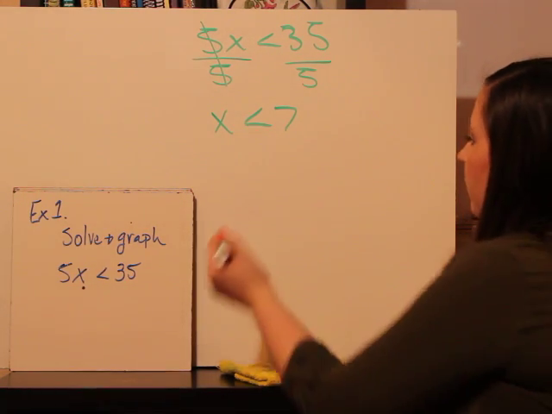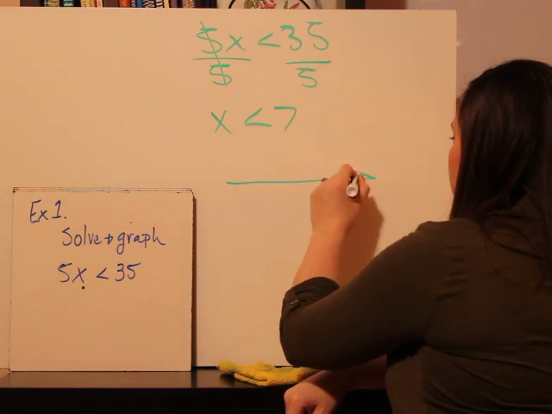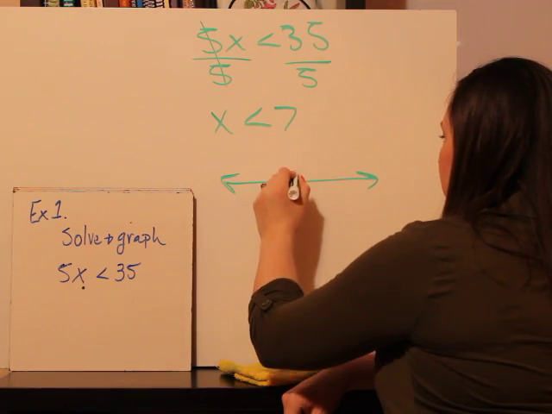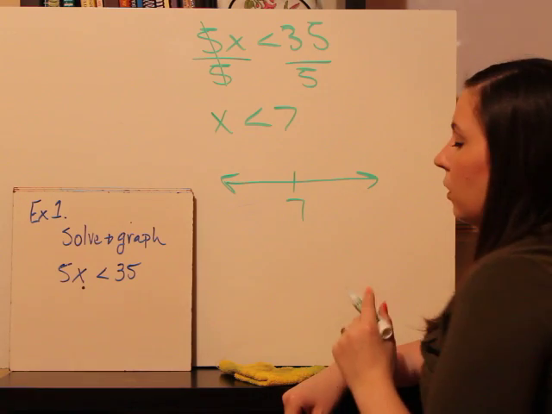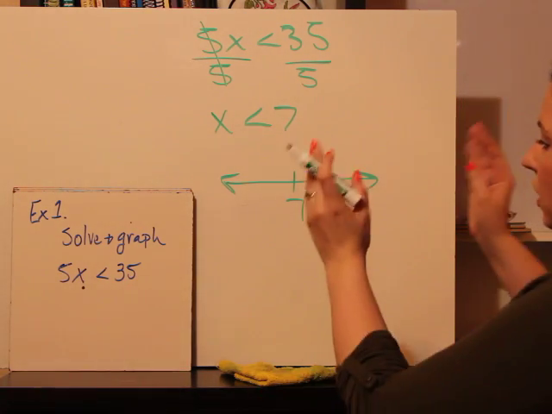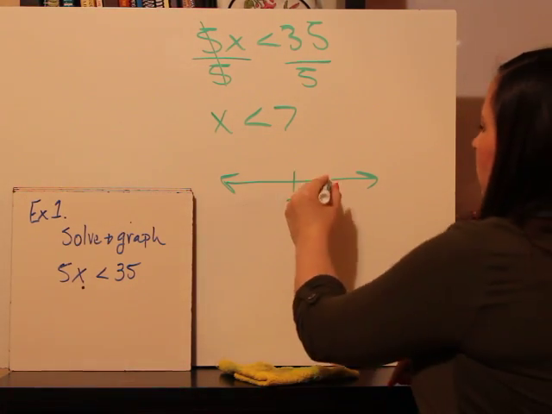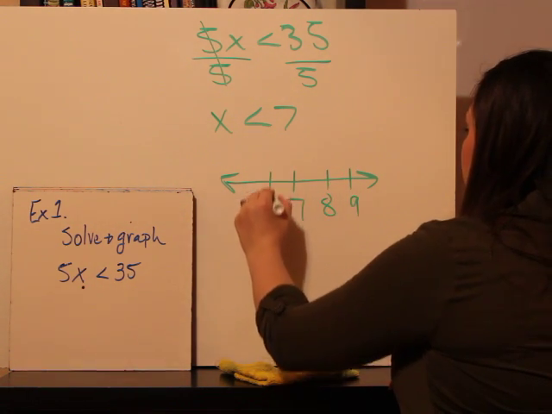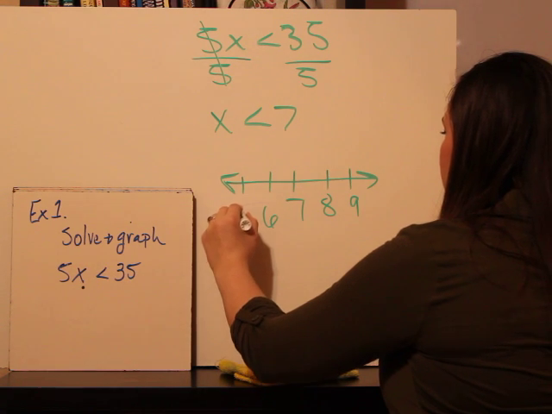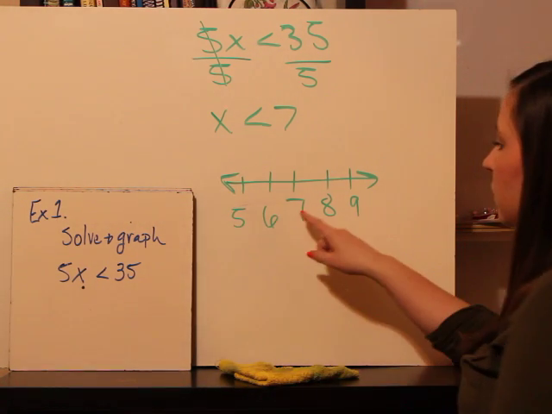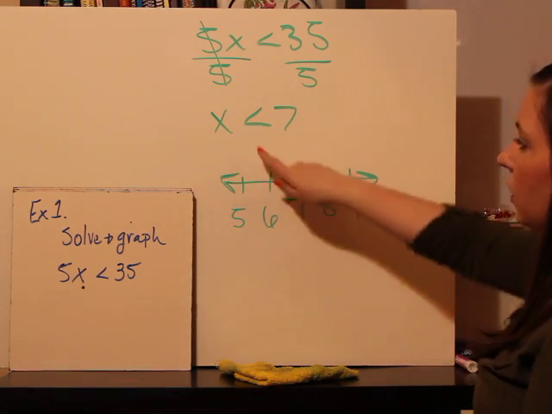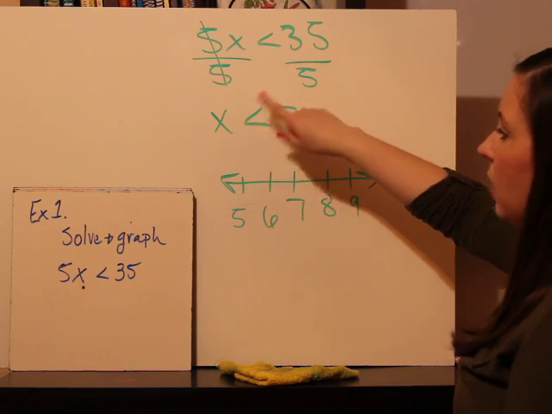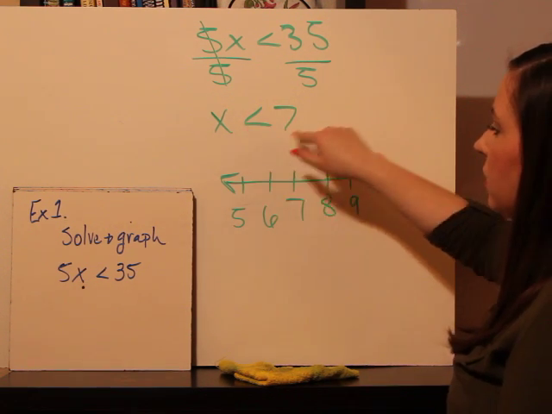Now we need to graph that. Again, your number line, it's just kind of zooming into one spot. So we're looking at just a small portion of it. So 7 is our special number. We look up here. It's a less than. The variable is less than 7.